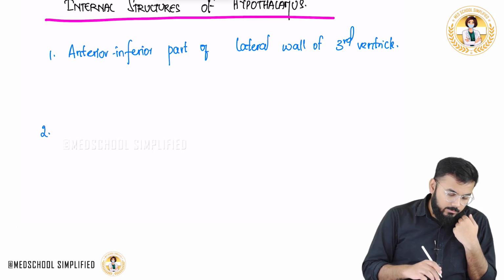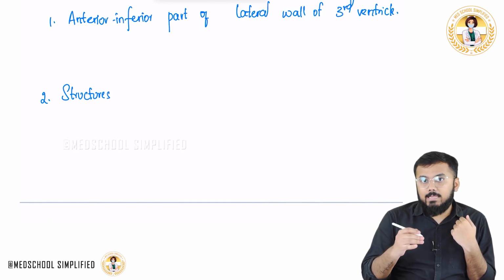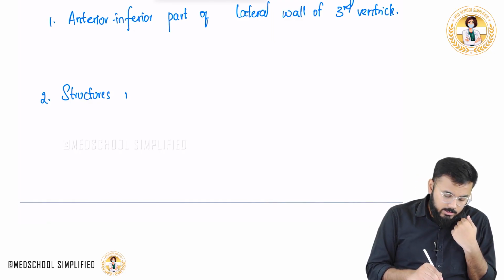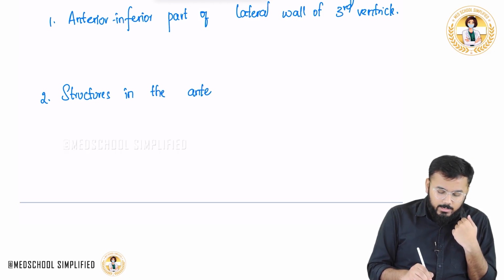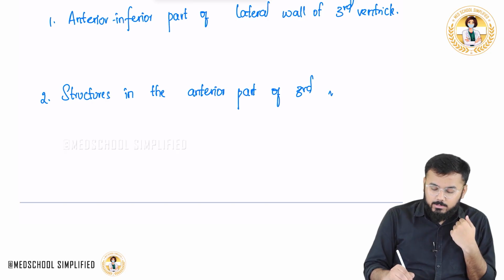And the second important thing we shall discuss is what are all the internal structures present in the anterior part of the third ventricle.